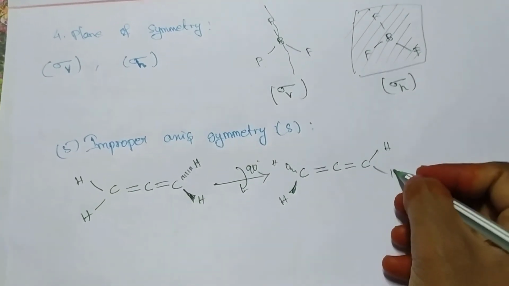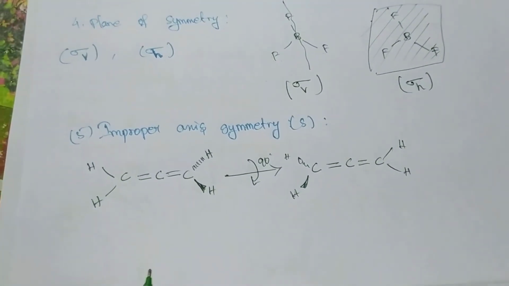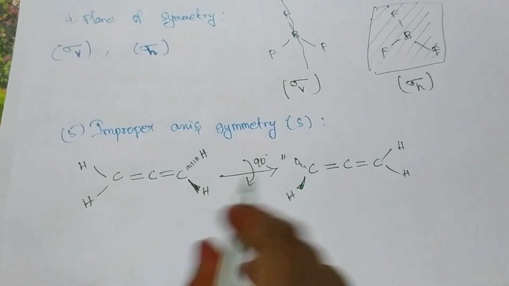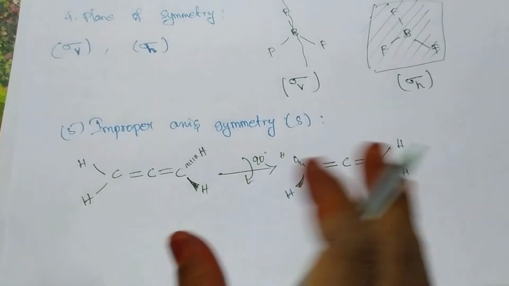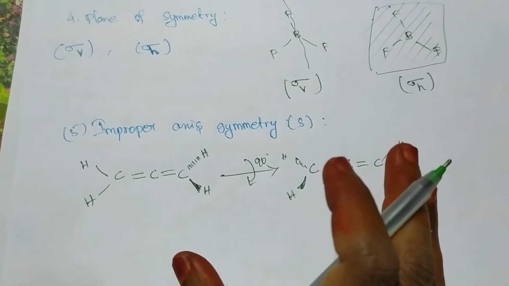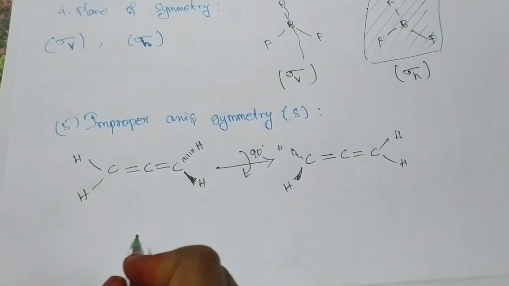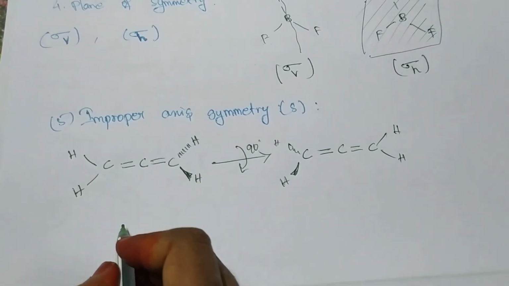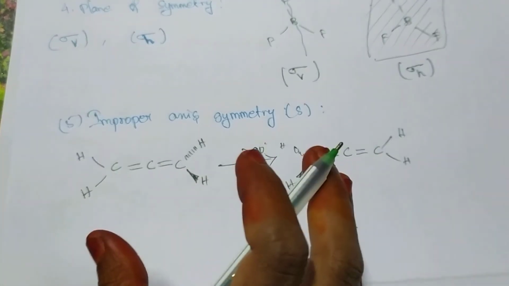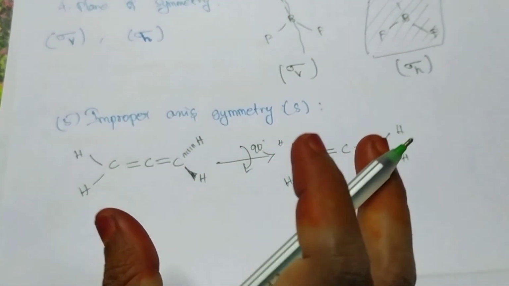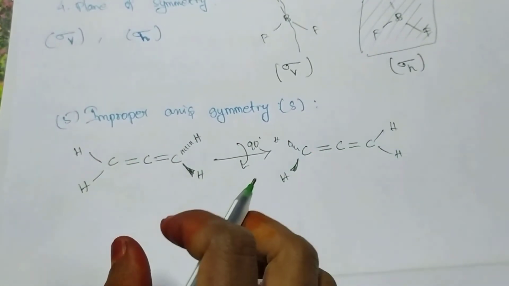We get it like this. This is the mirror image. These two are mirror images but not the same. Now we use a mirror plane. This is the mirror plane. So this is the improper axis of symmetry.